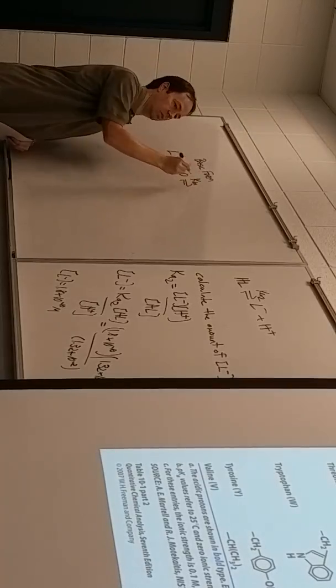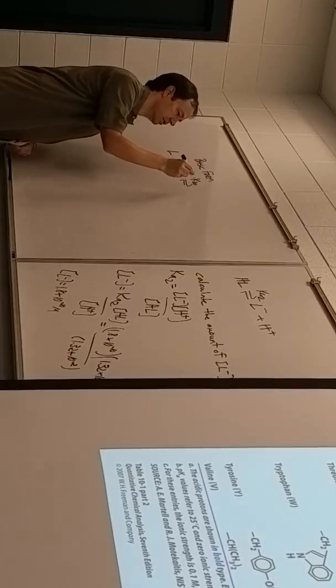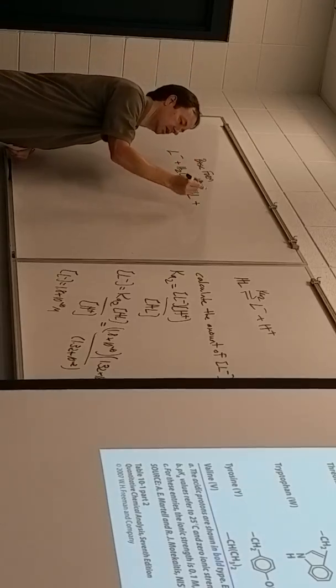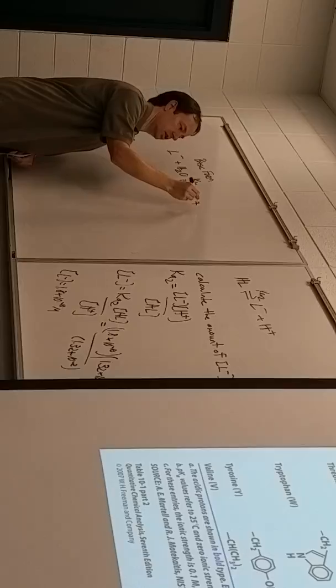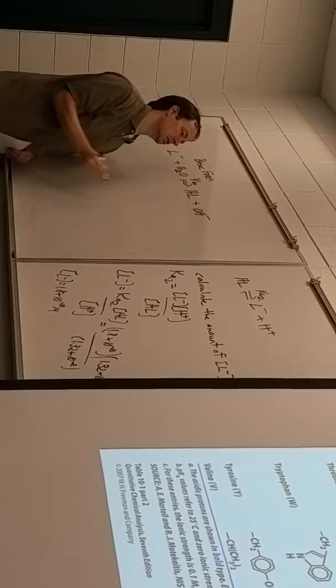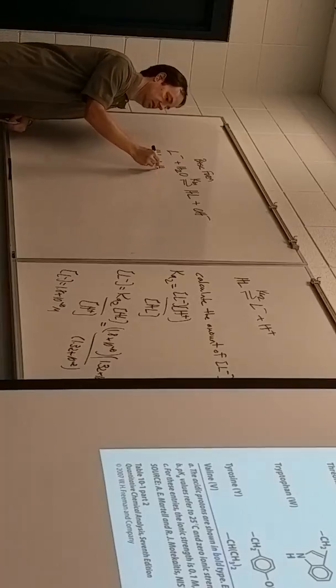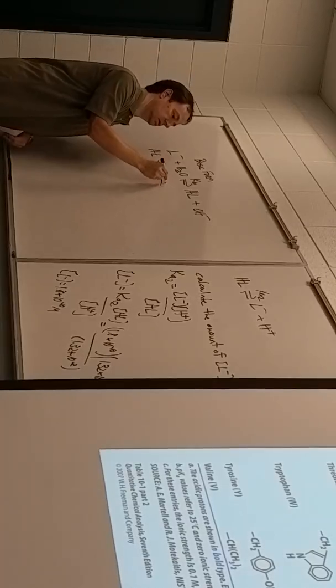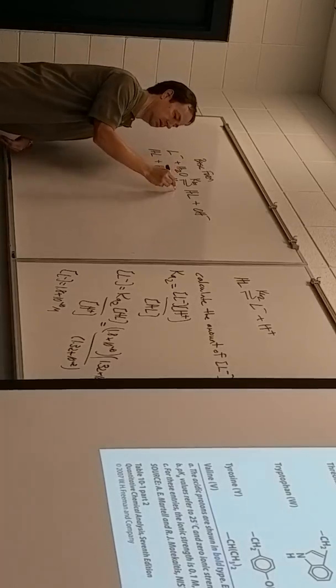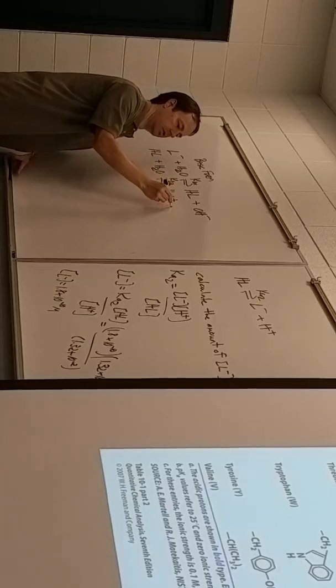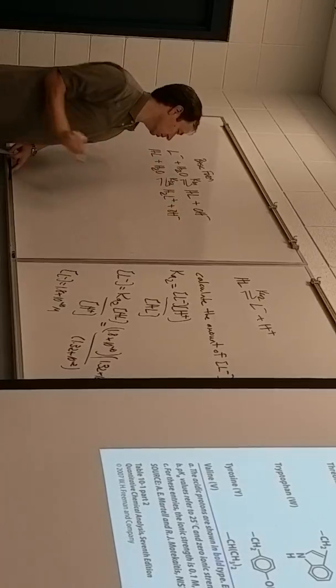This again is Kb1, like we showed on the last screen. That goes to HL and hydroxide. And then, of course, this species HL can go back to the H2L form through the Kb2 process.